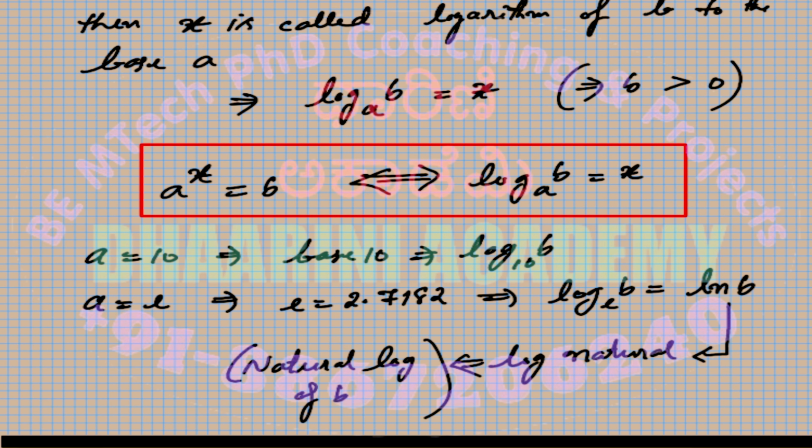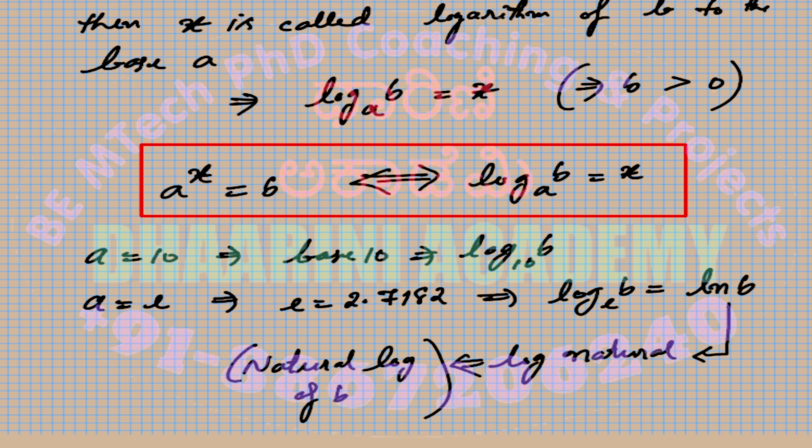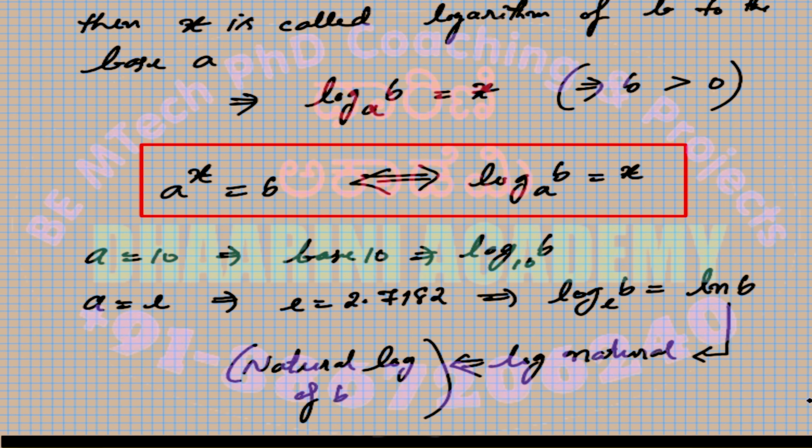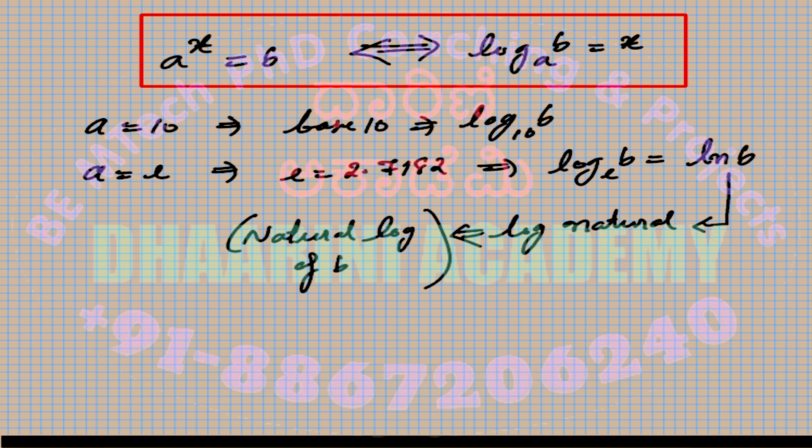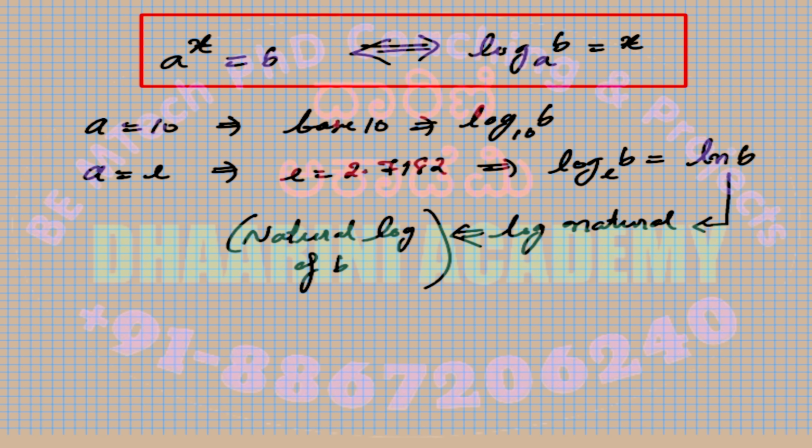If the base is 2.7182, there is a very specific application with the base e, which as of now we don't have to consider. It will come at a later stage. The base e, that is 2.7182, is called Napier's constant. Most scientific calculations are based upon that e value. So we might have to take the base e also sometimes, so for that reason we need this.